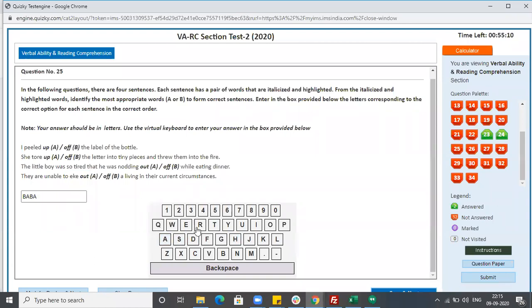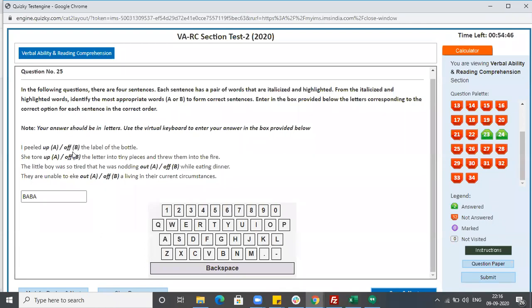Eke out is the correct phrasal verb. I peeled off the label of the bottle is correct. She tore up the letter into tiny pieces is correct. The boy was tired, so he was nodding, also fine. Okay, I think this is fine.